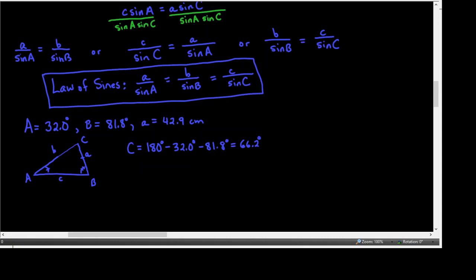Let's just pretend like this is something we can work with. If A over sine of A equals B over sine of B, there are four things in that equation. To be able to solve for one of them, you have to know the value of the other three.